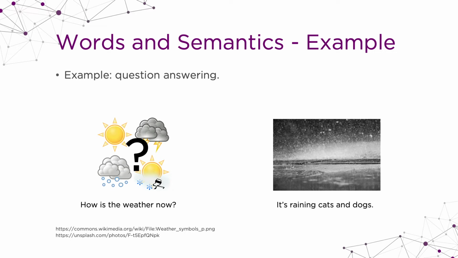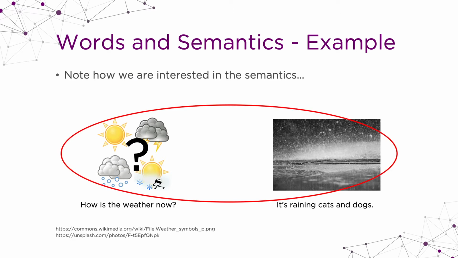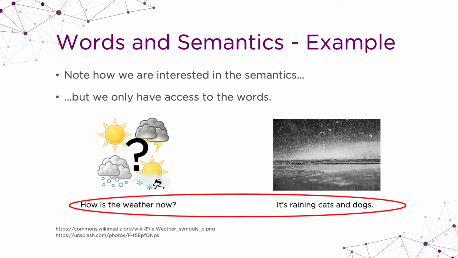On the left, we have the weather with a question mark. And on the right, the picture is showing that it's raining a lot. So the intuition here is that when we have an NLP task, we are really interested in the semantics, this part that I show in the picture, but unfortunately, we only have access to the text. And sometimes it's not so easy to link the two things.